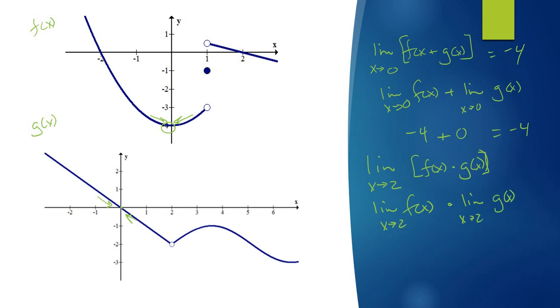So see if you can find those two limits. So as I approach 2 on this graph, my limit is 0. As I approach 2 on this graph, even though there's no value there, my limit is -2. Multiplying those together, I get 0.